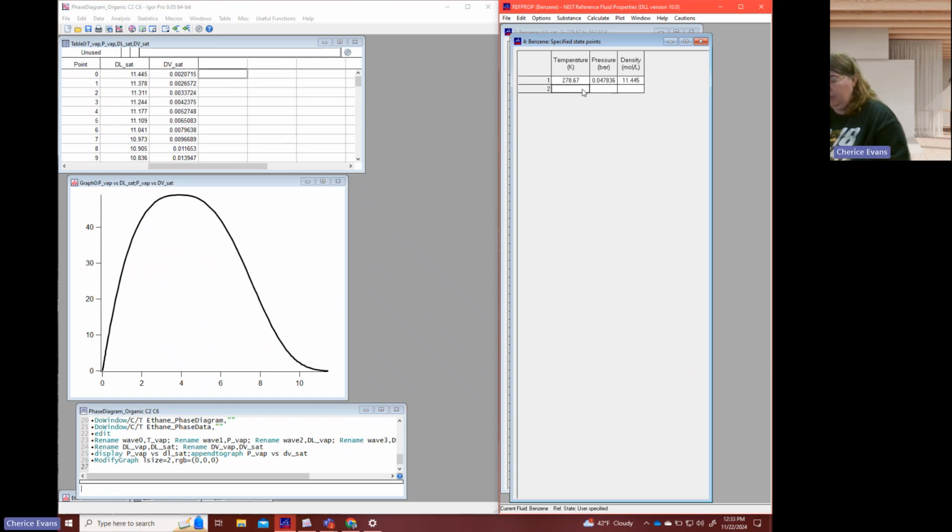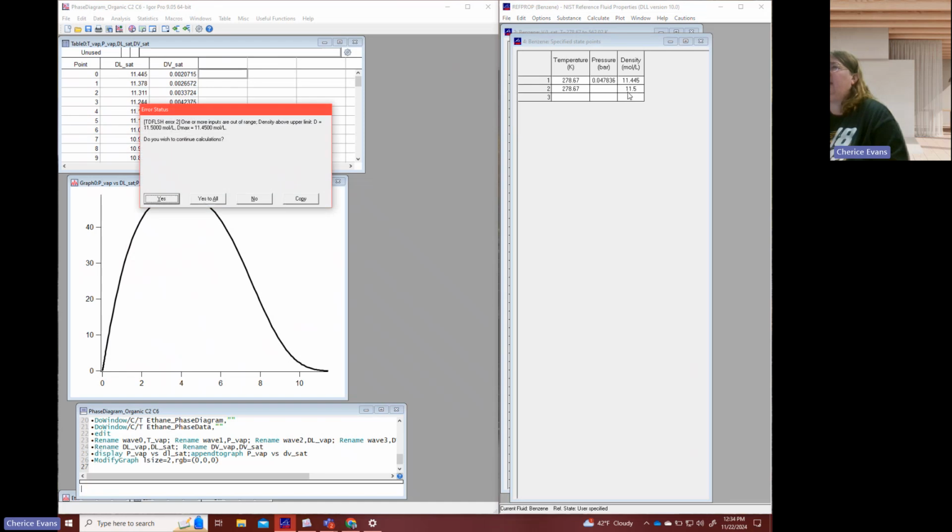Now, we know that the maximum density that the equation of state is good to is 11.45. So I'm going to just see if it'll calculate 11.5. And you can see it's going to ask me, for one or more points out of range, do I wish to continue the calculation.